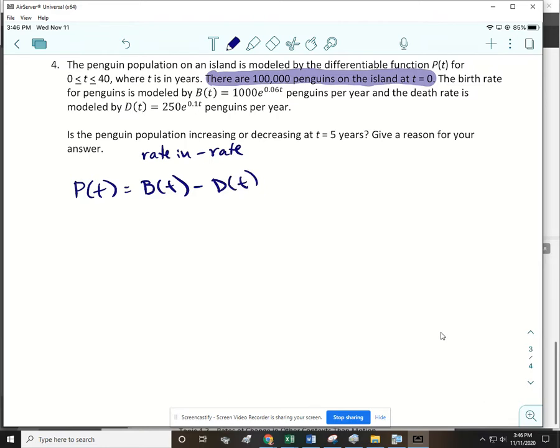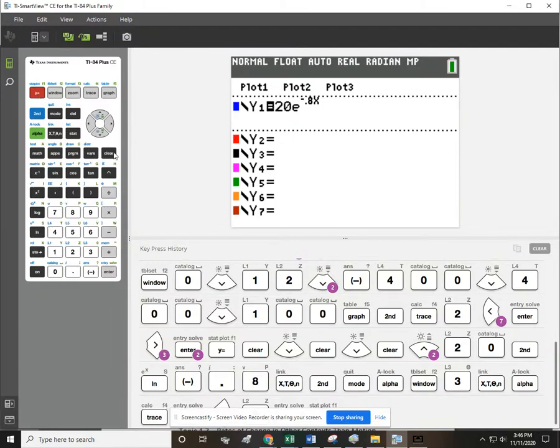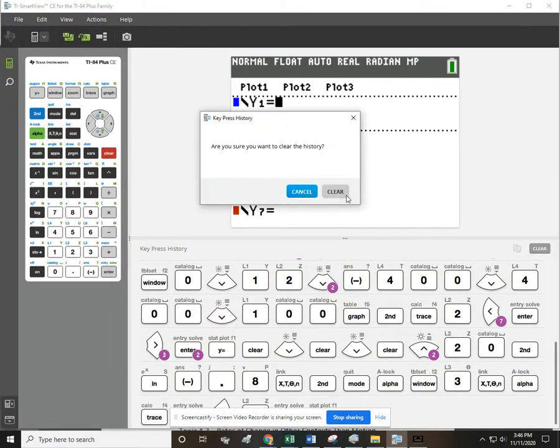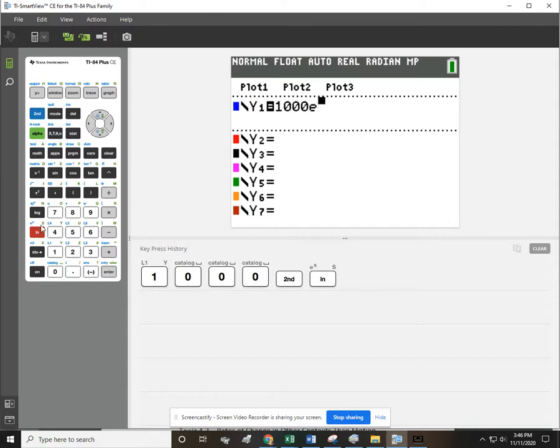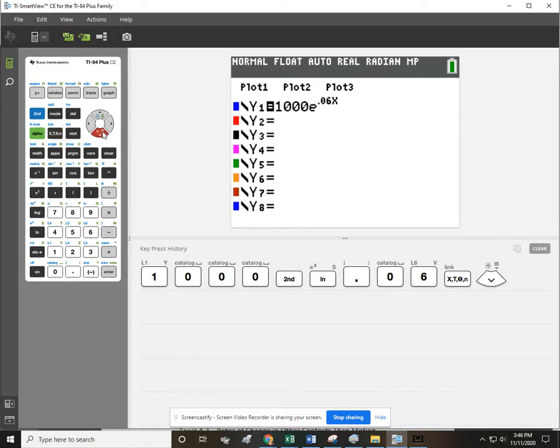All right, so let's just go to the calculator. I'm going to go ahead and put my birth rate function into y1, and then I'll put my death rate into y2.